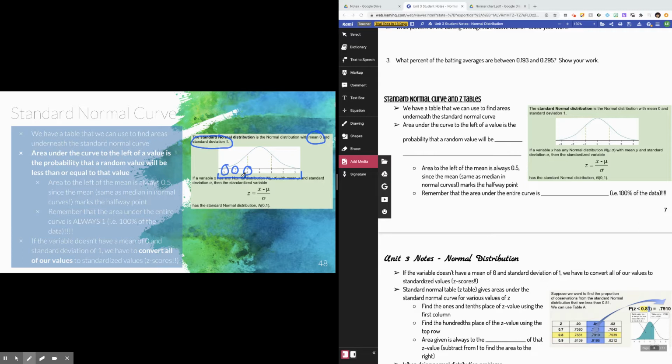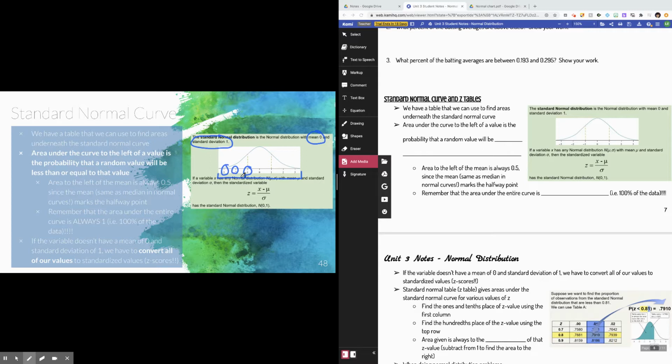But most of the normal curves that we deal with are not standard normal curves, so we have to do some conversion. That's what the z-score is for, to convert values into the standard normal curve.